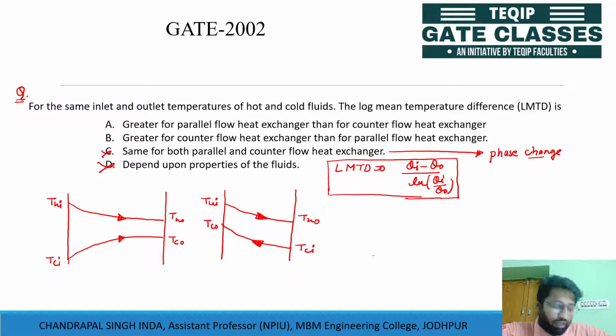Here, by the diagram, it is noticeable that the temperature variation between the hot fluid and the cold fluid in the parallel flow heat exchanger is continuously decreasing in the direction of the flow.